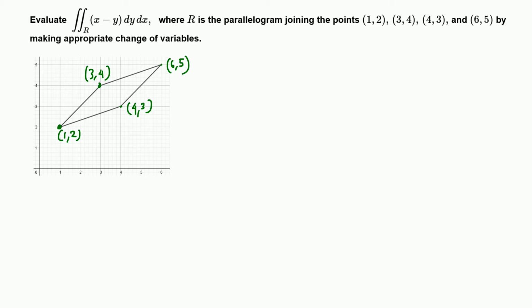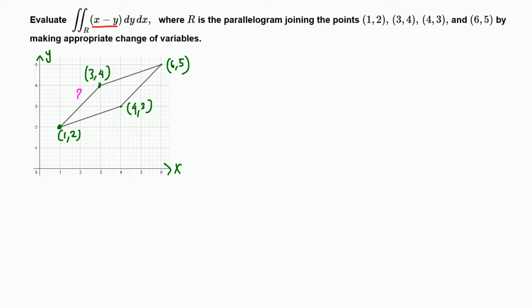Looking at the integrand, we have x minus y, so we'll make x minus y equals u. Then we need to find something for v. This is in the xy plane, and we want to change into uv, and the shape hopefully will be much nicer than this. Let's find the equation of this line first.